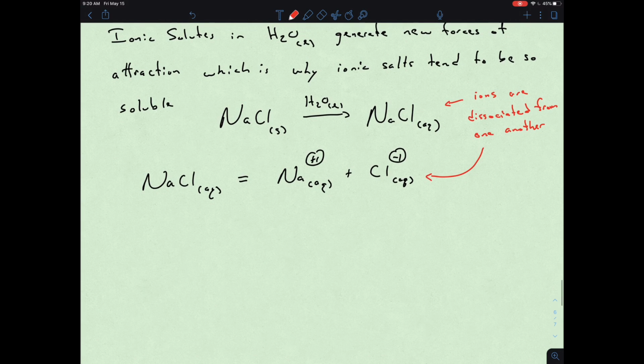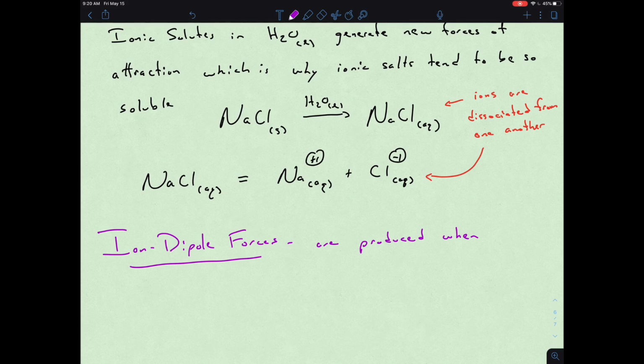And so ion dipole forces are produced when an ionic solute dissolves into H2O.